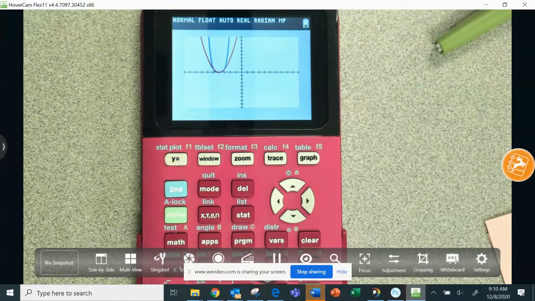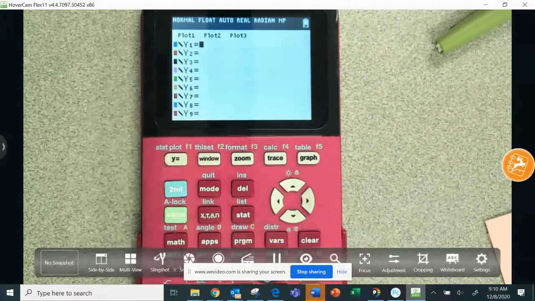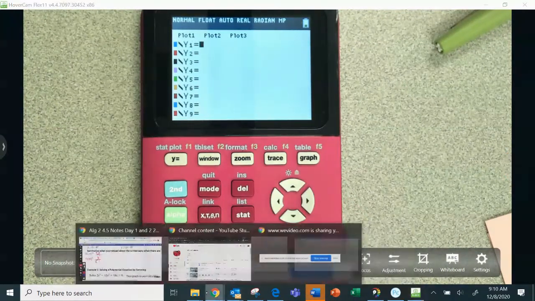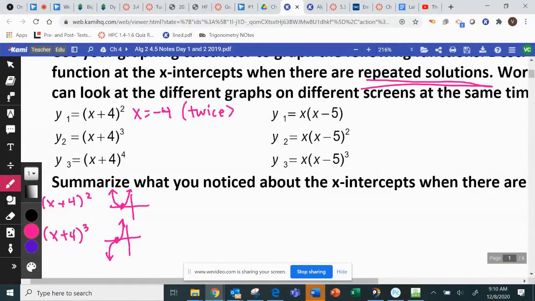All right, let's go back to y equals, and let's type in some of the other side. So we've got x multiplied by x minus 5. How many intercepts, how many solutions should we have for this one? If we set each factor equal to 0, how many should we have?